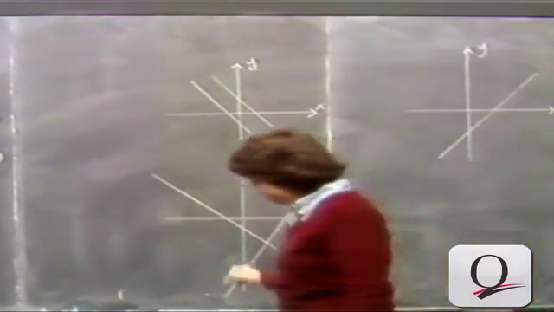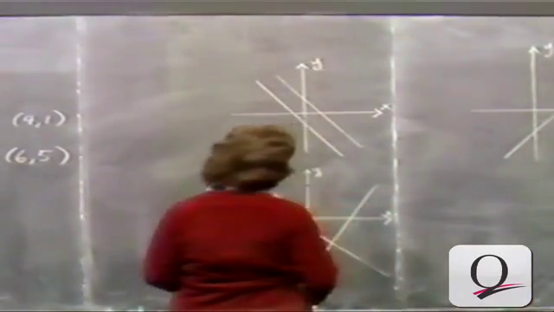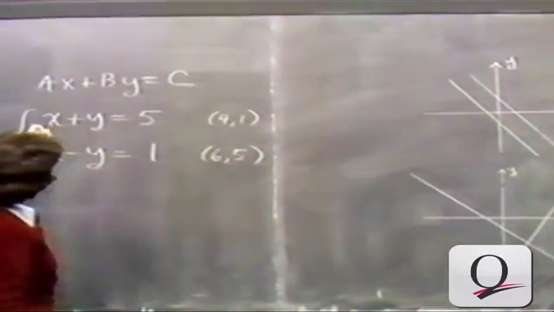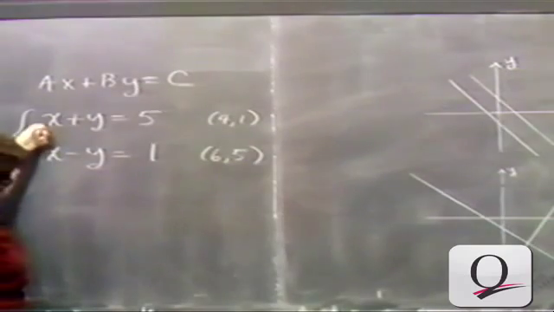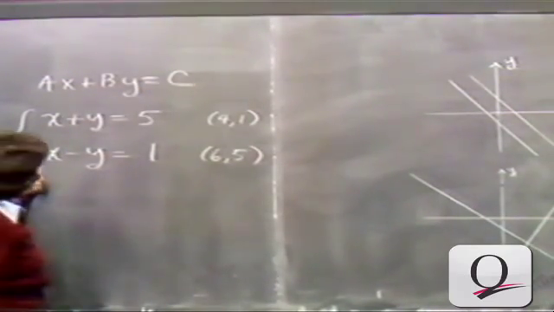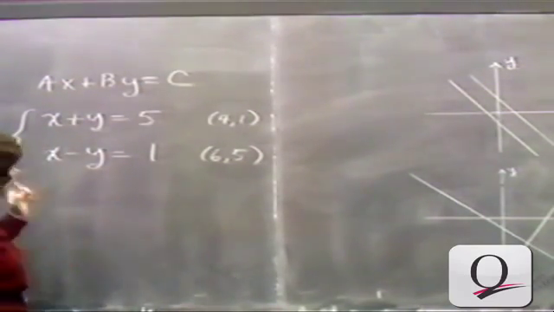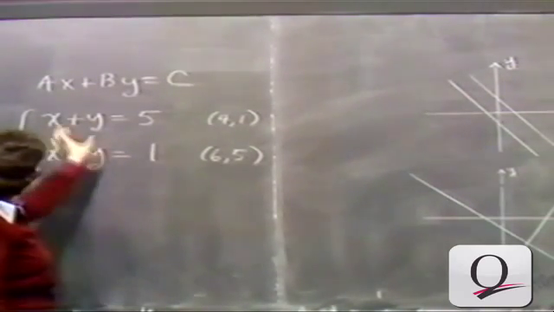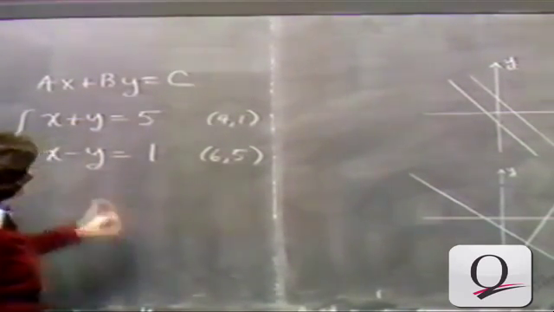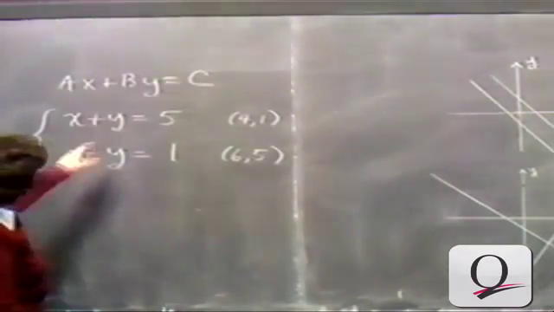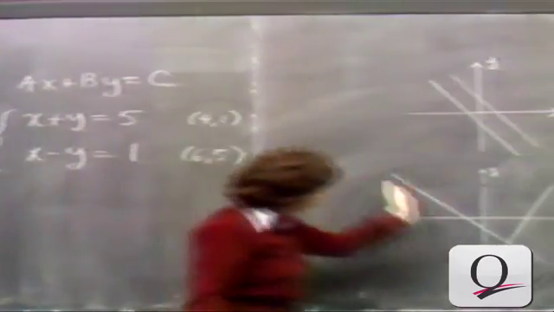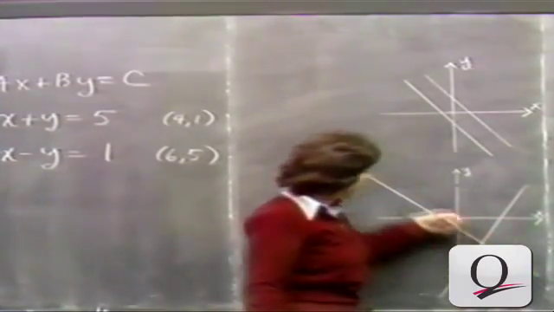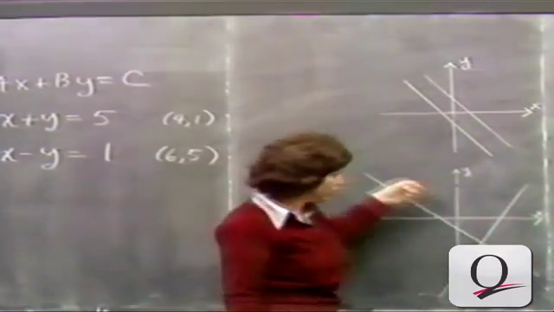Now, if we are interested in determining whether there are any solutions which satisfy both of these equations at the same time, that means we are looking for a point that's on both of these lines at the same time. Remember, if we have an equation of a line, every point on this line, its coordinates must satisfy the equation of that line.